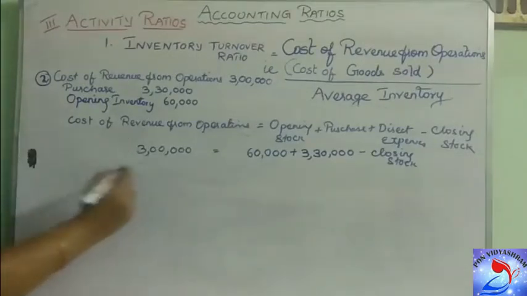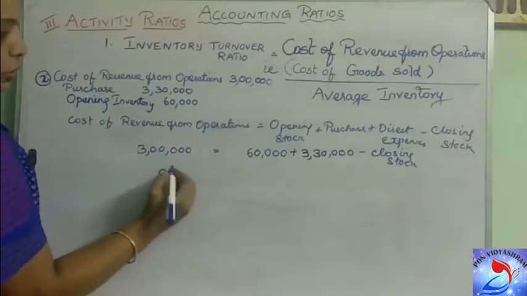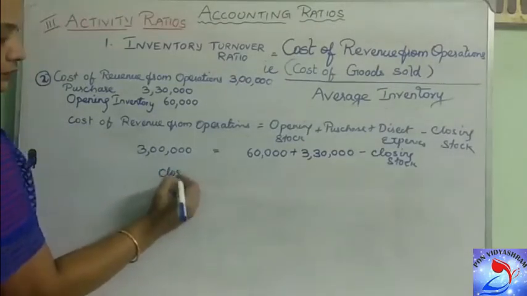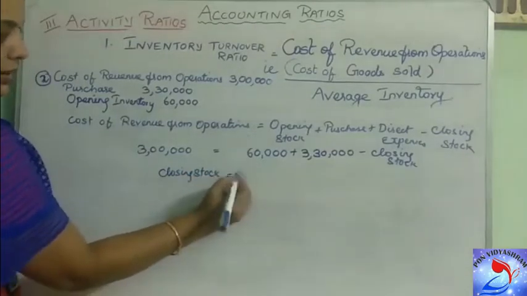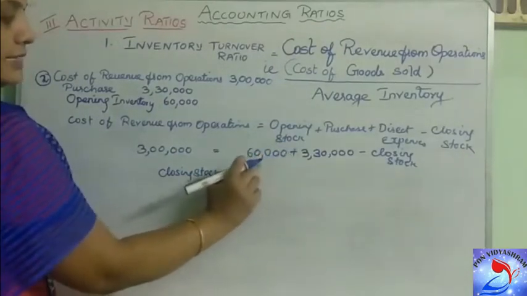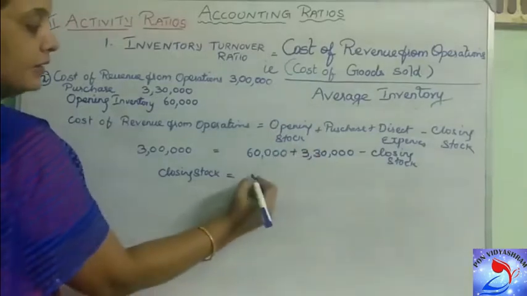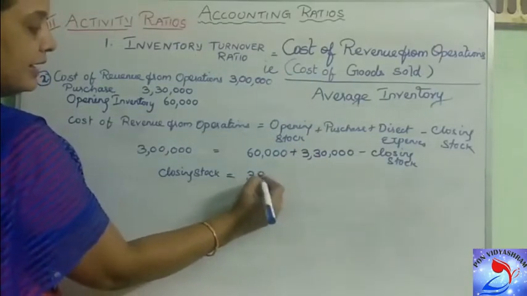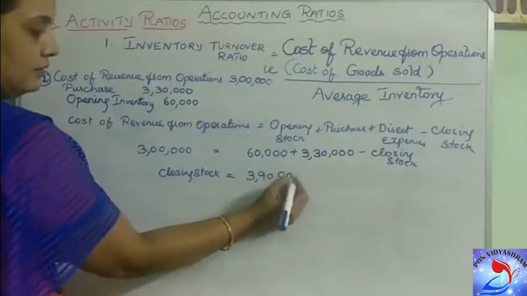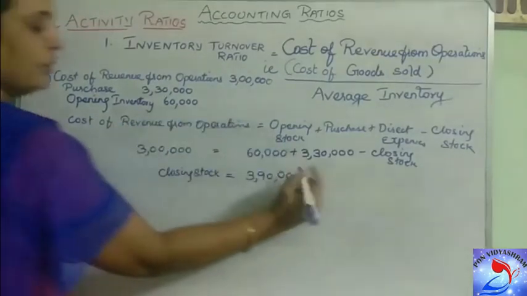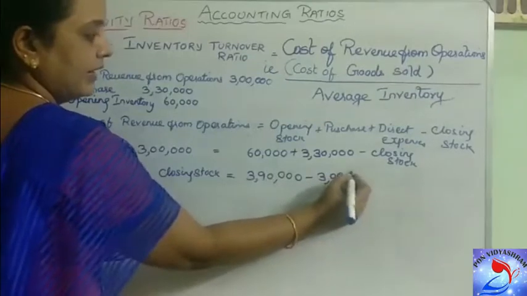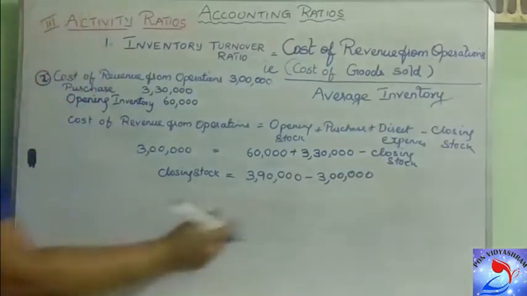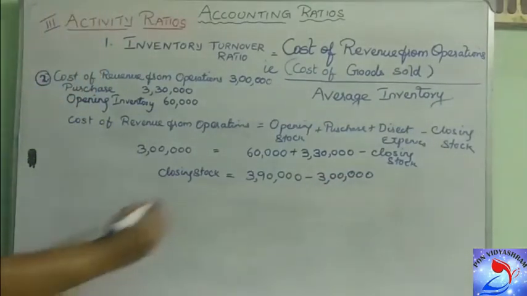So here if we bring the closing stock over, 60,000 plus 3,30,000 will give you 3,90,000. Bring the cost of revenue from operation to the opposite side, so it becomes 3 lakh. So by this you can find out the closing stock.